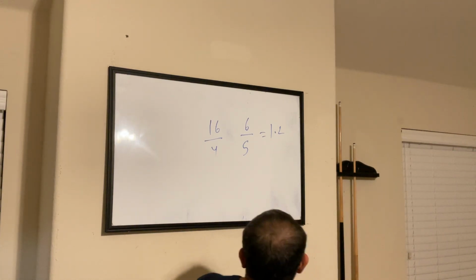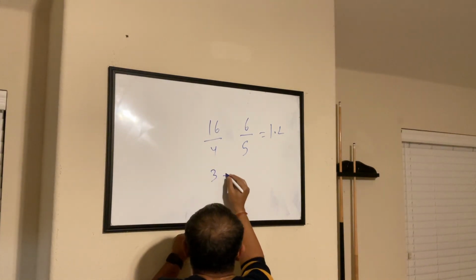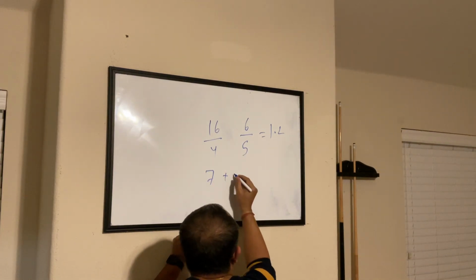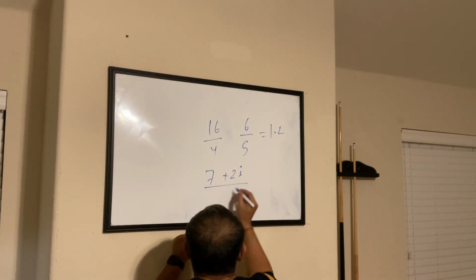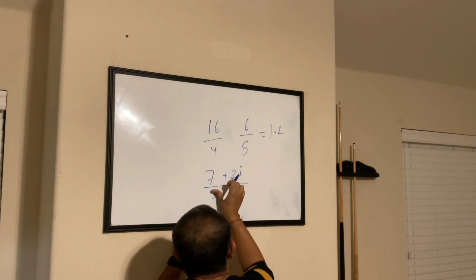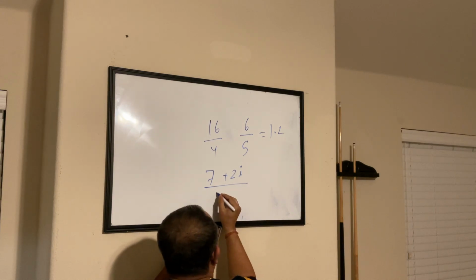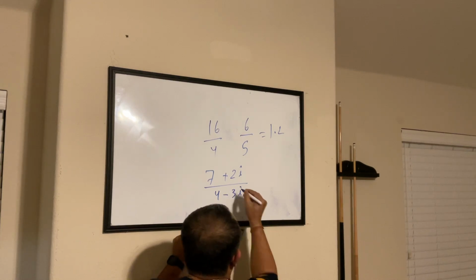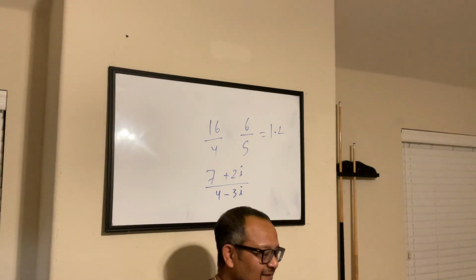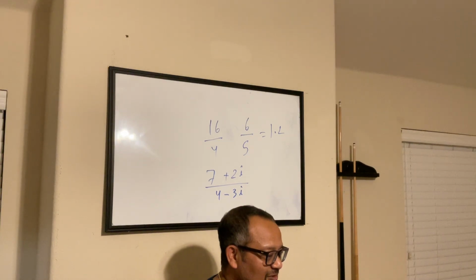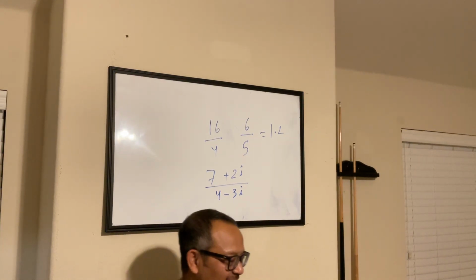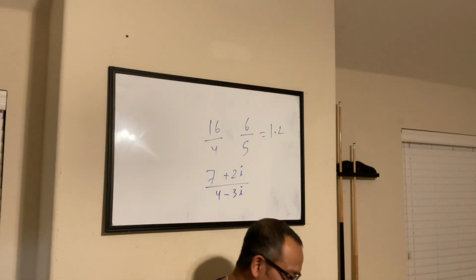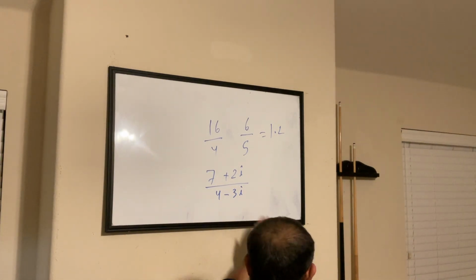Now, I will say divide 7 plus 2i by 4 minus 3i. Fun begins. What do we do? I'm saying that divide this number by this number. See, our life was already so very complicated. We are adding more complication to it.